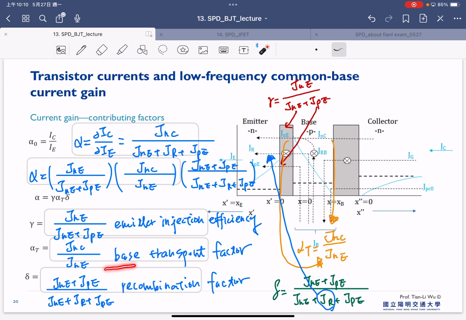The second one is the base transport factor, which is just this over this one. And the third one, we are curious about the recombinations. Therefore, we have these recombination factors here.